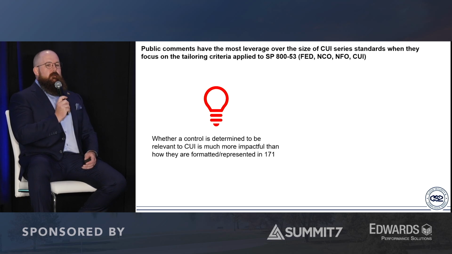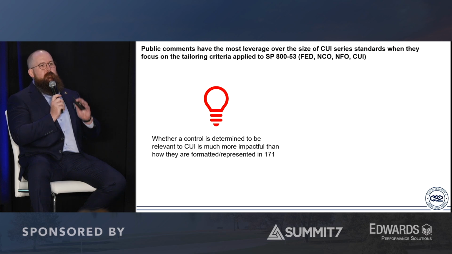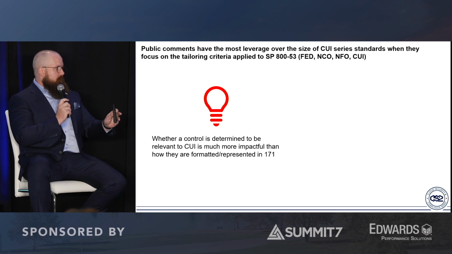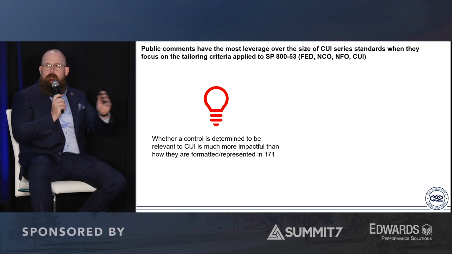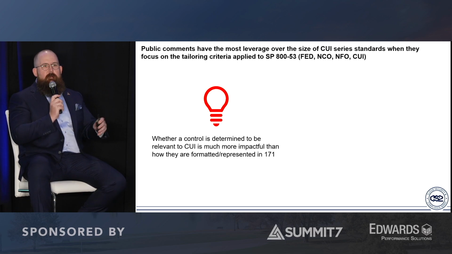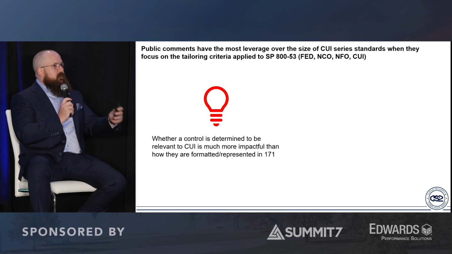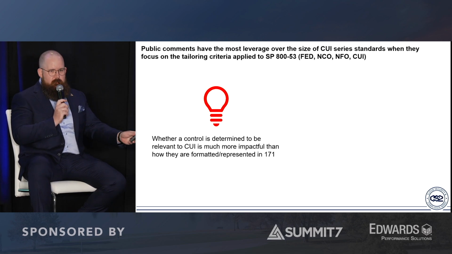Okay, so public comments have the most leverage over the size of the CUI series when they focus on the underlying tailoring decisions that NIST makes about what ends up in that series from 853. Whether a control is determined to be relevant to protecting the confidentiality of CUI is the most important influence over how big or small 800-171 will be, thus how big or small your assessment will be, thus how much it will cost you. Right?